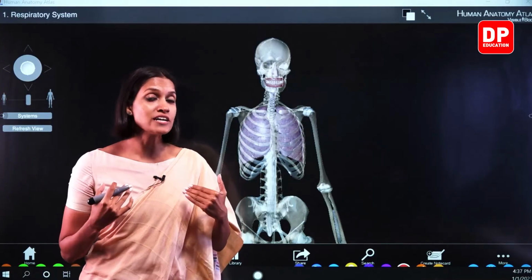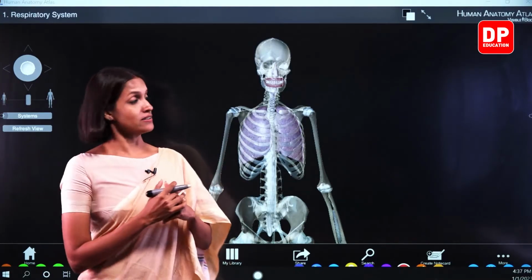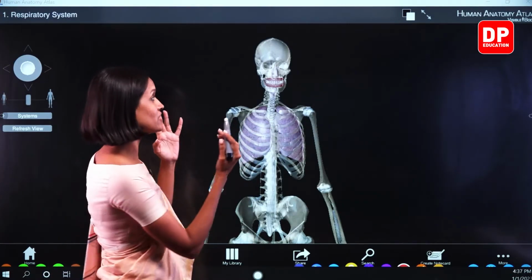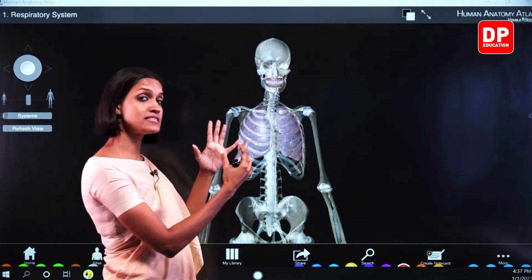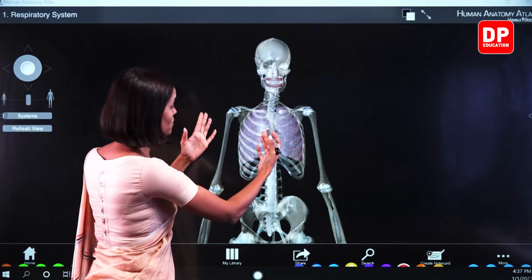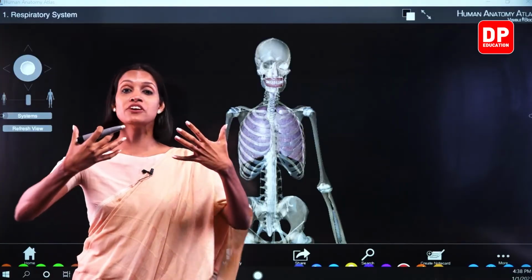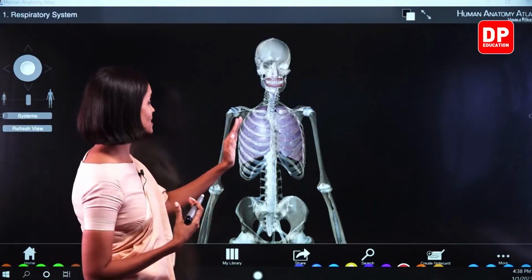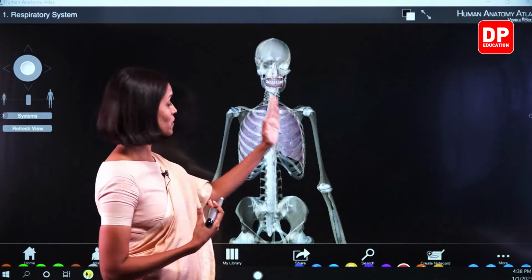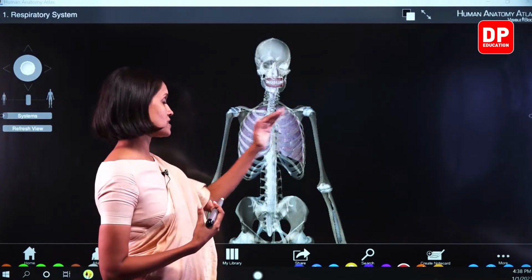There are two lungs, the right lung and the left lung. When we learn about human organ systems, we imagine a human who is facing towards us. So in that case, this side is the right side, and this side is the left side.